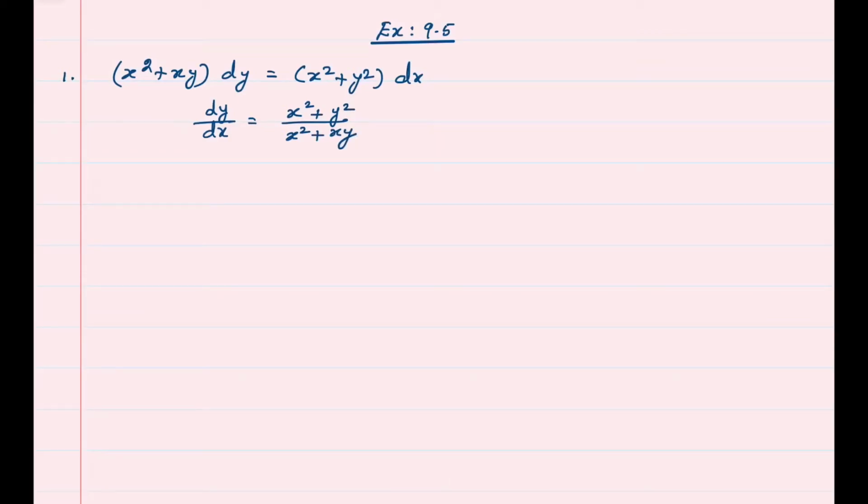In this question, we have to show that it is a homogeneous differential equation. We will take this function as f of x, y. We will find f of lambda x, lambda y: lambda square x square plus lambda square y square divided by lambda square x square plus lambda x lambda y.